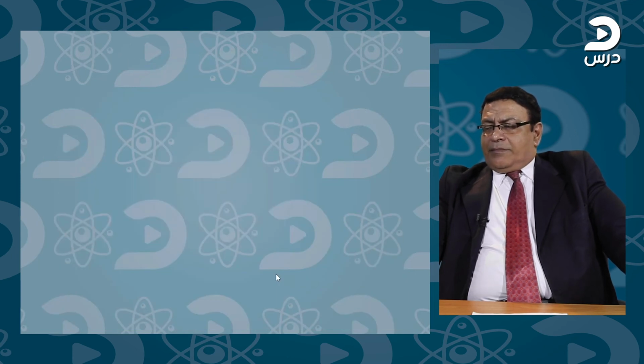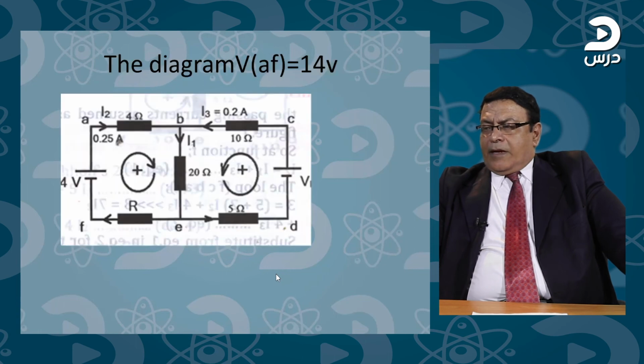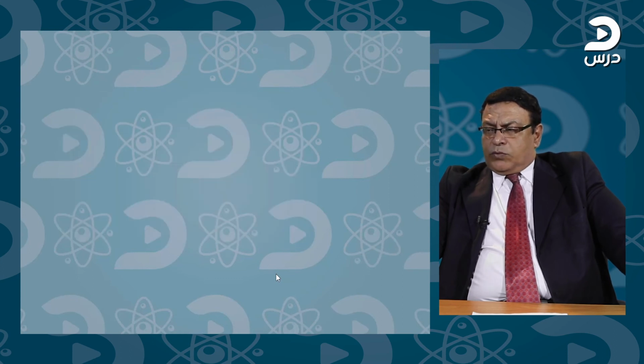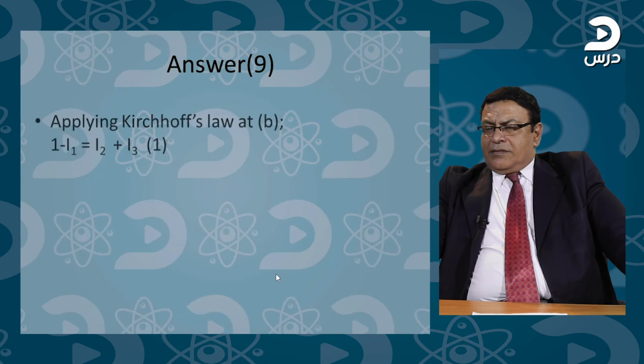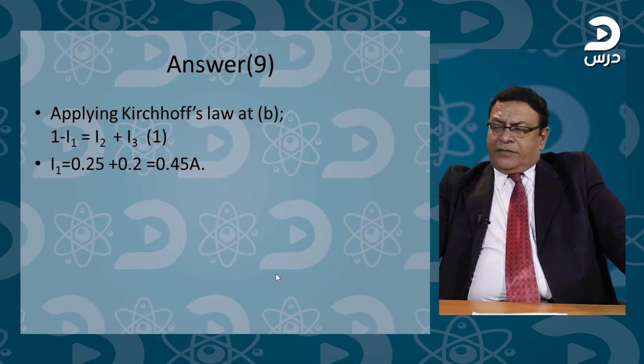The diagram. Here it says the V between A and B is 14 volt. The answer: we apply Kirchhoff law at B, I1 equal I2 plus I3.